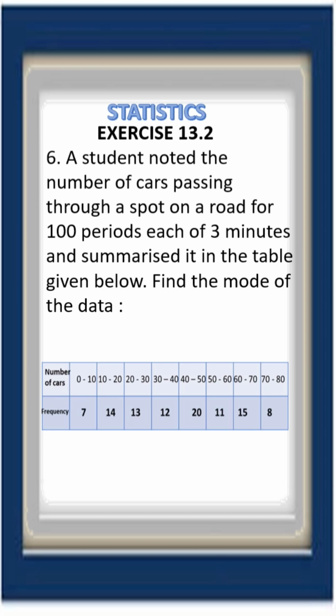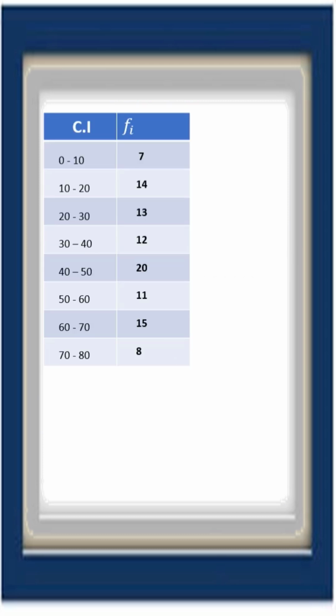Now let us solve the sixth question. A student noted the number of cars passing through a spot on a road for 100 periods, each of 3 minutes, and summarized it in the table given below. Find the mode of the data. Now let us have the class interval in the first column and frequency in the next.